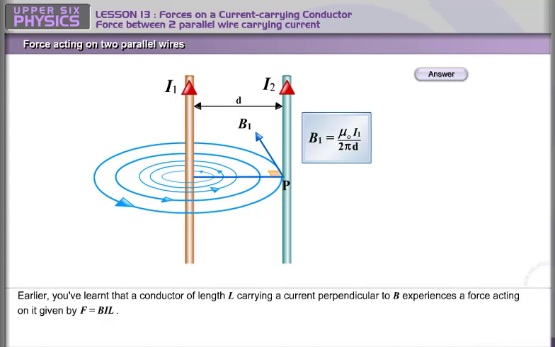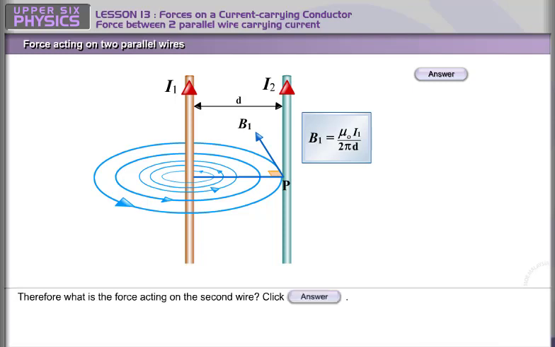Earlier, you've learned that a conductor of length L carrying a current perpendicular to B experiences a force acting on it given by F equals BIL. Therefore, what is the force acting on the second wire? Click the answer button.